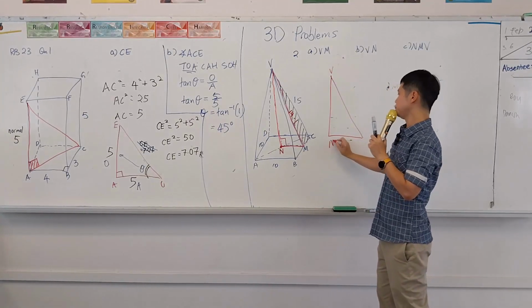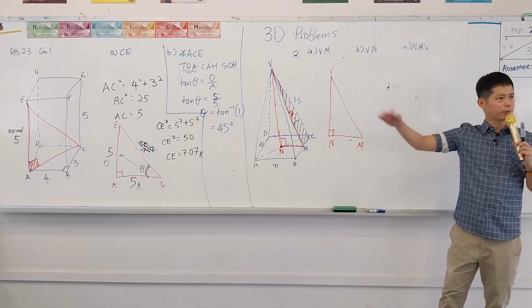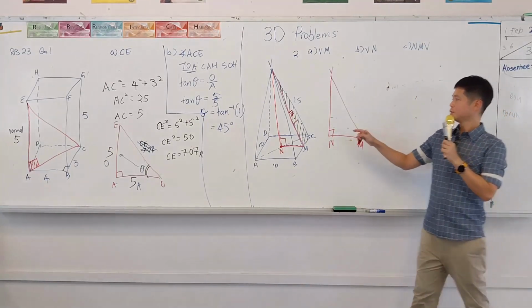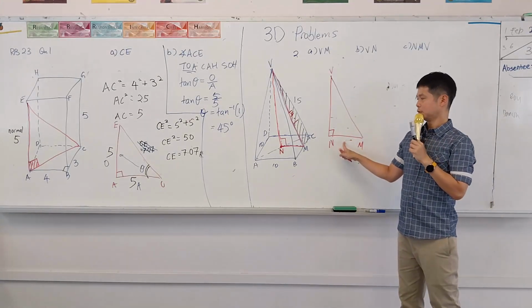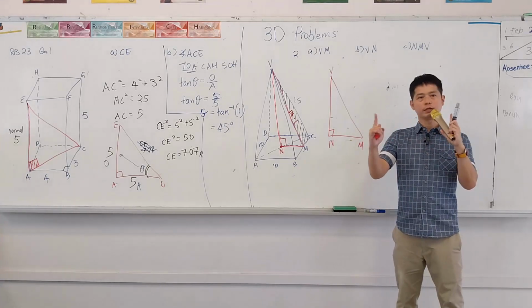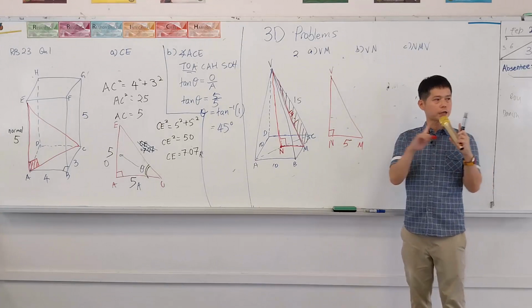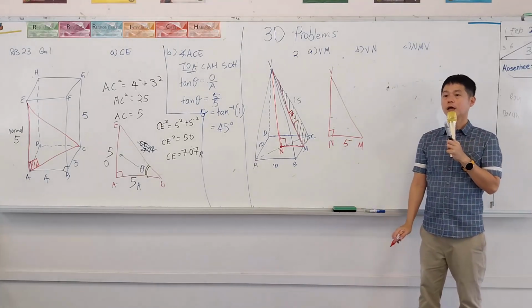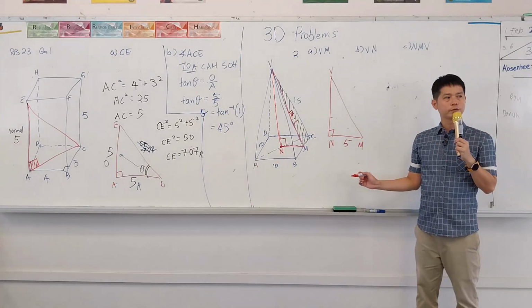I will draw for you again, VNM. Let's write down all. Can you please do this during exam if you are very disturbed by the complicated diagram? So let's put in the numbers. What number is this? It's half the base, right? So just put 5. Don't need to use Pythagoras, just half of it. So what else do I have?